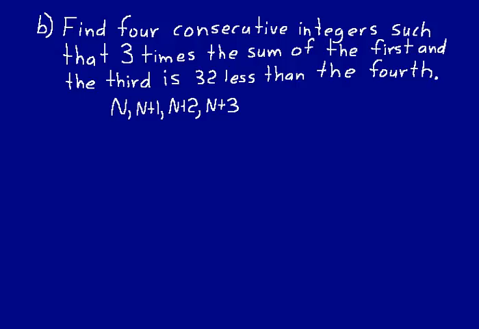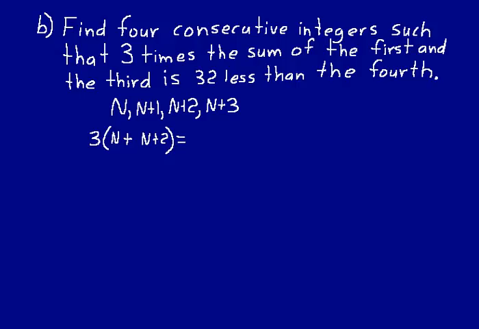Now let's apply them to making an algebraic equation based on the word problem here, such that 3 times the sum of the first and the third, so that would be 3 as a factor on the outside of the sum of the first one plus the third one, is, there's our equal sign, 32 less than the fourth term.